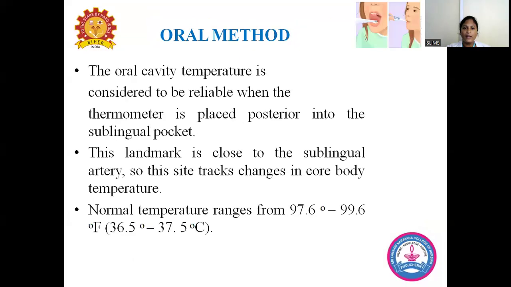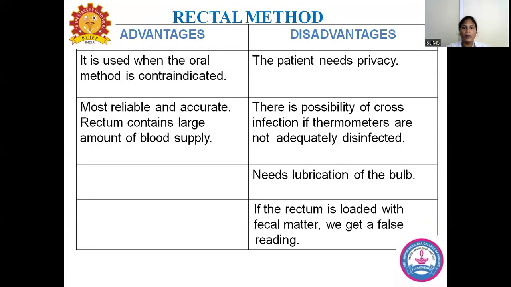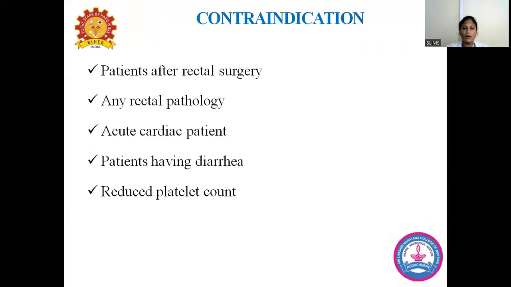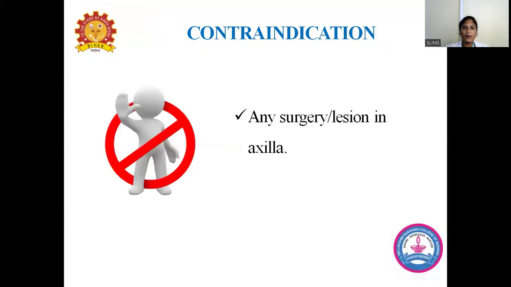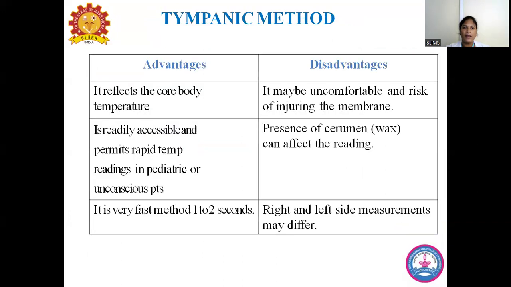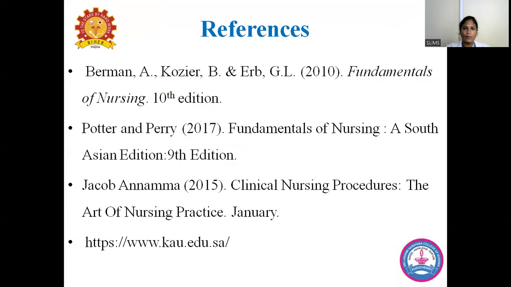And assessment of body temperature: first the oral method, with advantages, disadvantages and contraindications, and the rectal method, advantages, disadvantages and contraindications, the axillary method, advantages, disadvantages and contraindications, the tympanic method, advantages and disadvantages, and equipment for assessment of body temperature.